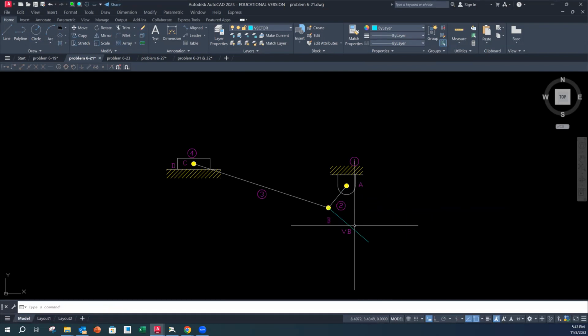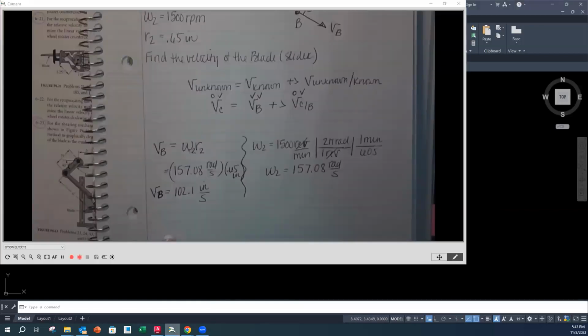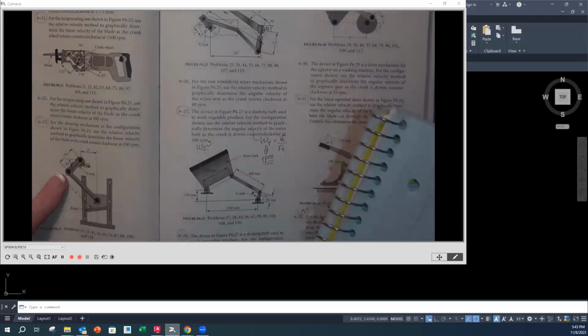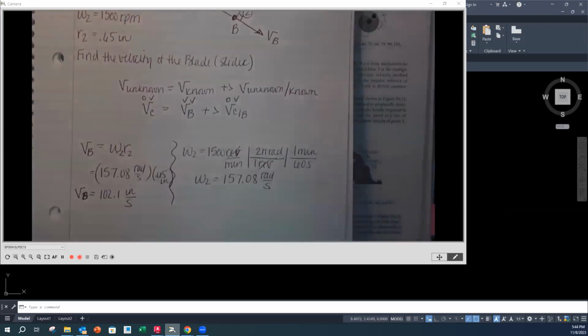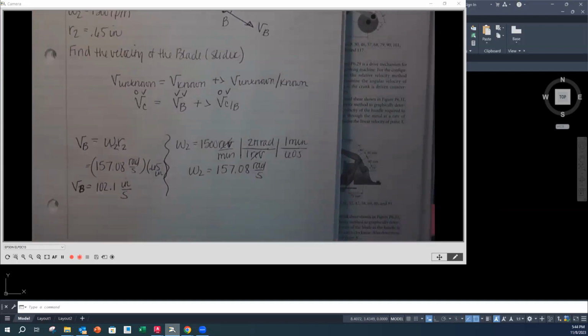And now I need to get it to its actual length. When we look at underneath here, you'll notice that I'm at 102.1 inches per second. If I would draw that 102 long, it would be way bigger than my illustration. So if we look at the sizes here, we've got 3 inches, so 1 inch is going to be a little small.